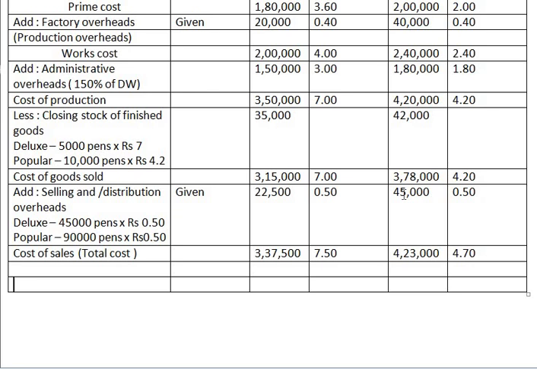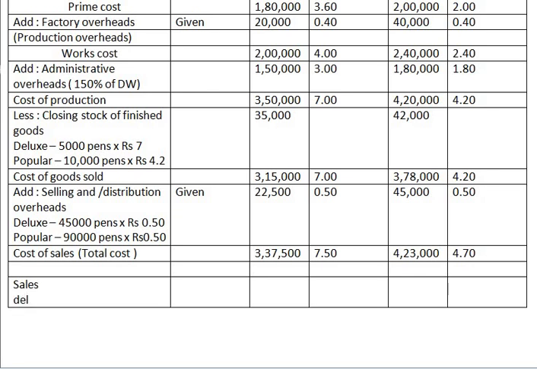Now we don't know profit. Profit information is not given, but they have given information related to sales. Sales also you can show here. Deluxe. They have sold 45,000 pens into rupees. Now sales price is given, that is rupees 10 per pen for deluxe pen. So that is 4,50,000.